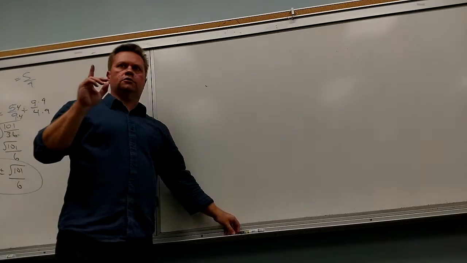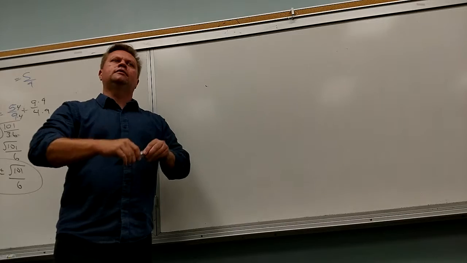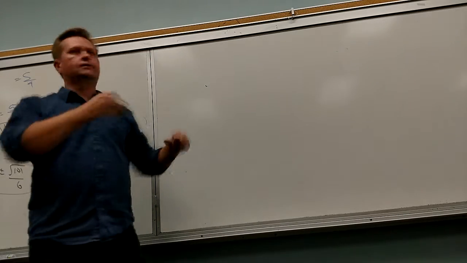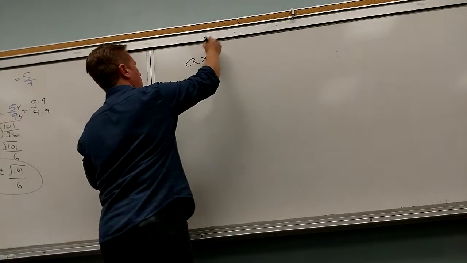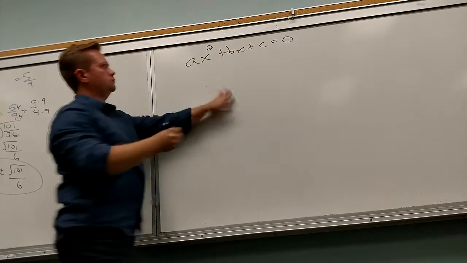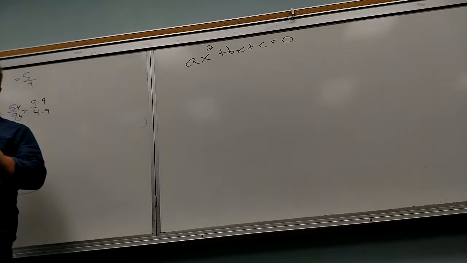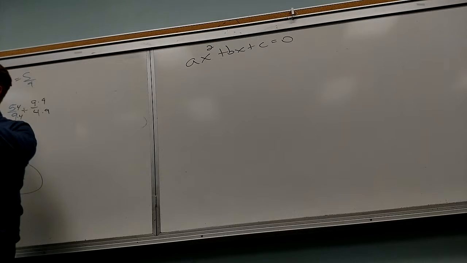So I'm going to do with you, you're going to help me, the whole completing the square process to solve this. I really want you to understand why we're doing this.